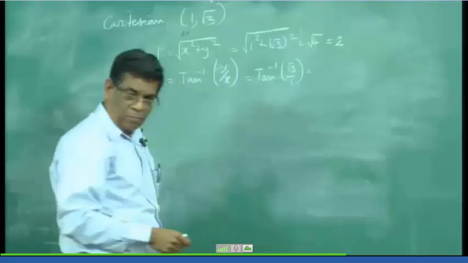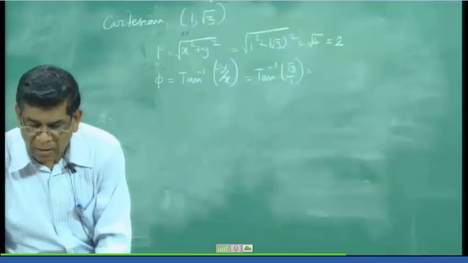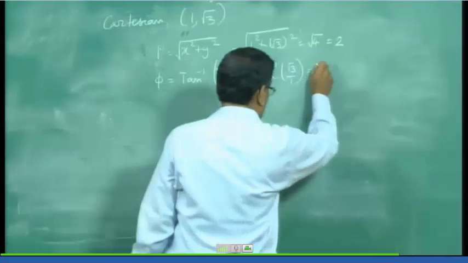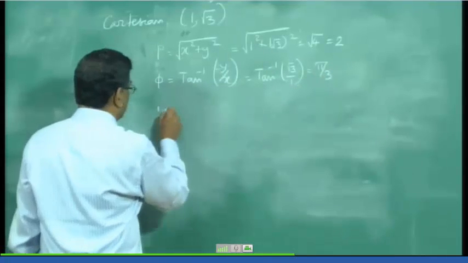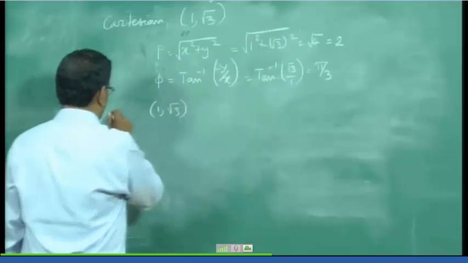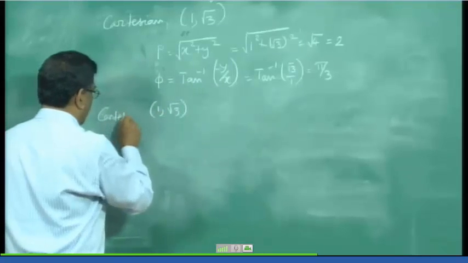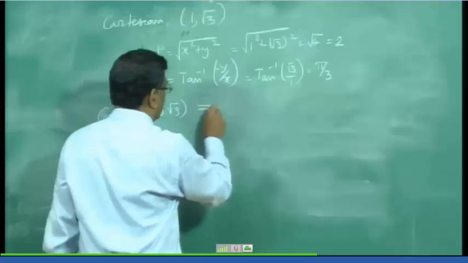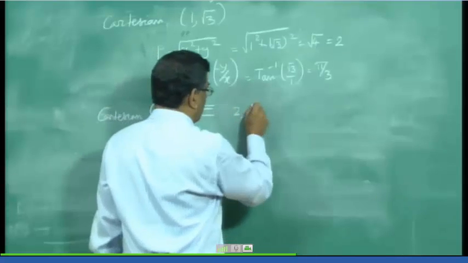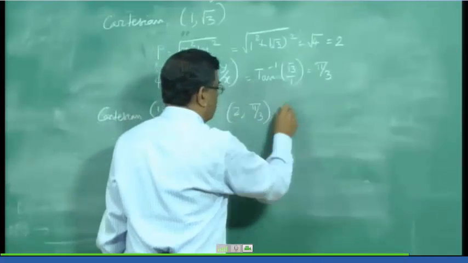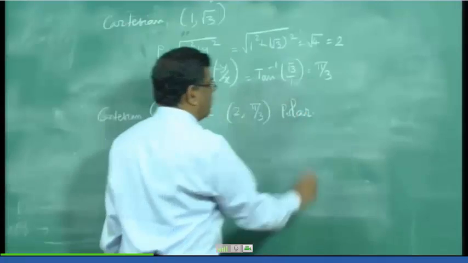So what will that be? Many of you know it. That will be pi by 3. So 1 comma root 3 in Cartesian is equivalent to 2 comma pi by 3 in polar. Same point.